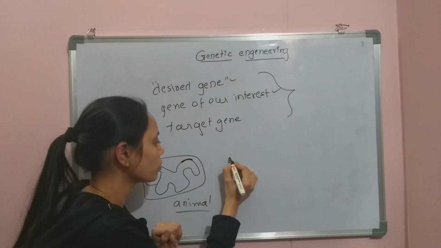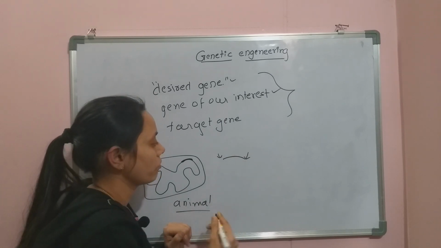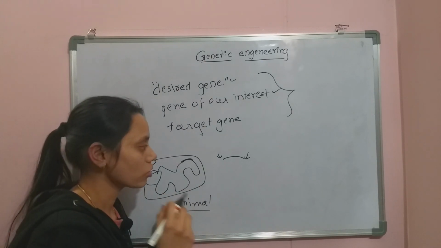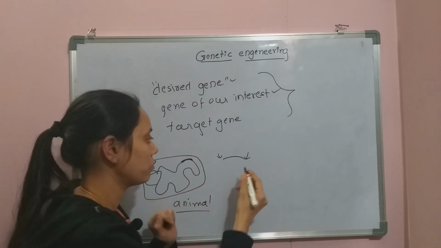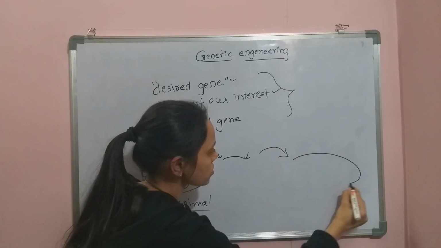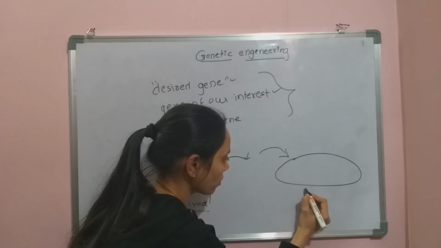Then we need to make a cut where exactly the target gene is. We need to cut the target gene and insert it into the host cell. Let us consider it as bacteria.